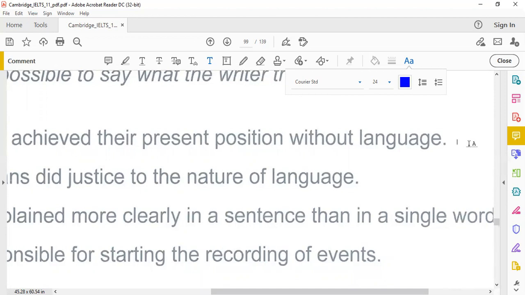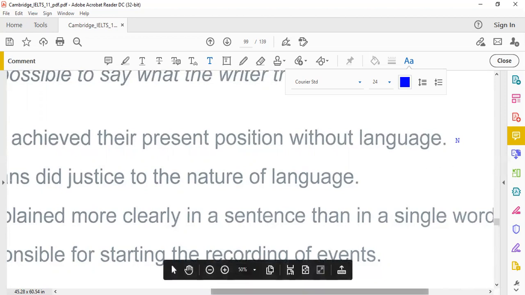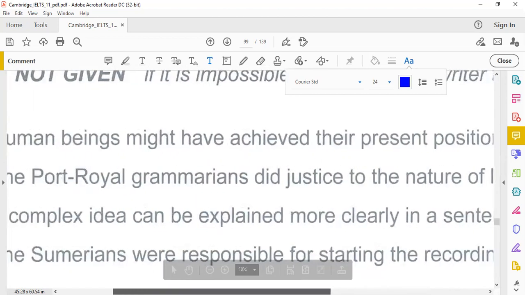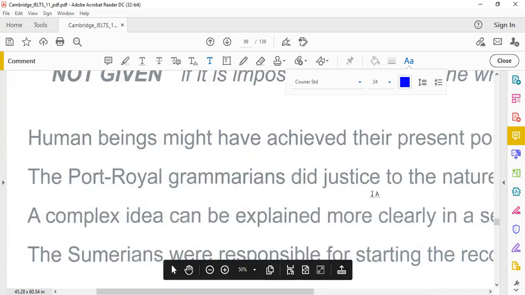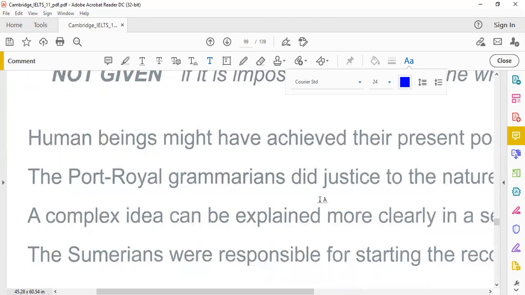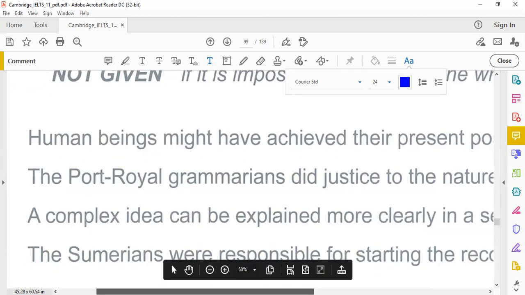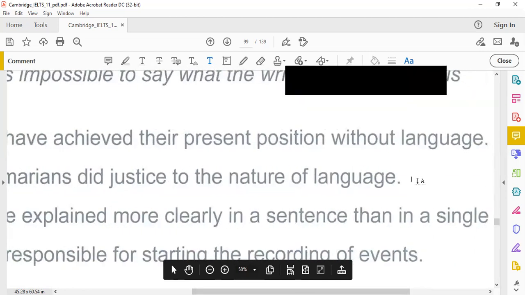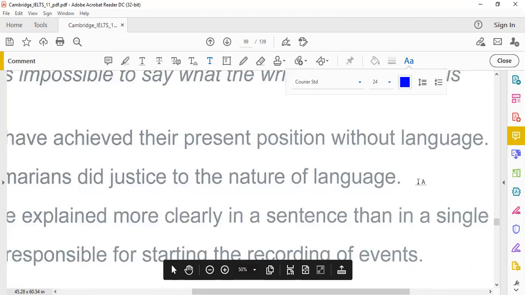Okay, so you write no. Here we can see now once again. The Port Royal grammarians did justice to the nature of language. Yes. So write yes against this statement and then come to the next statement.